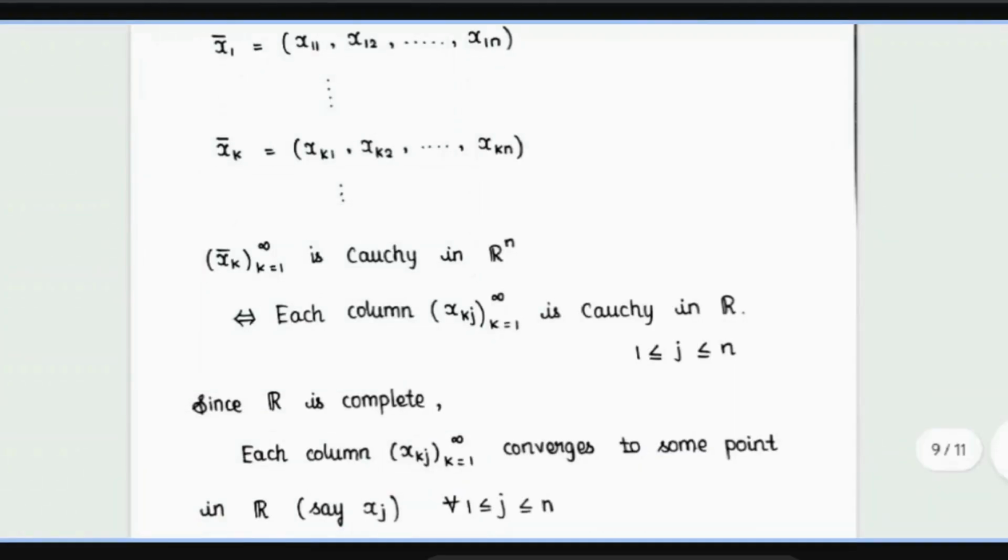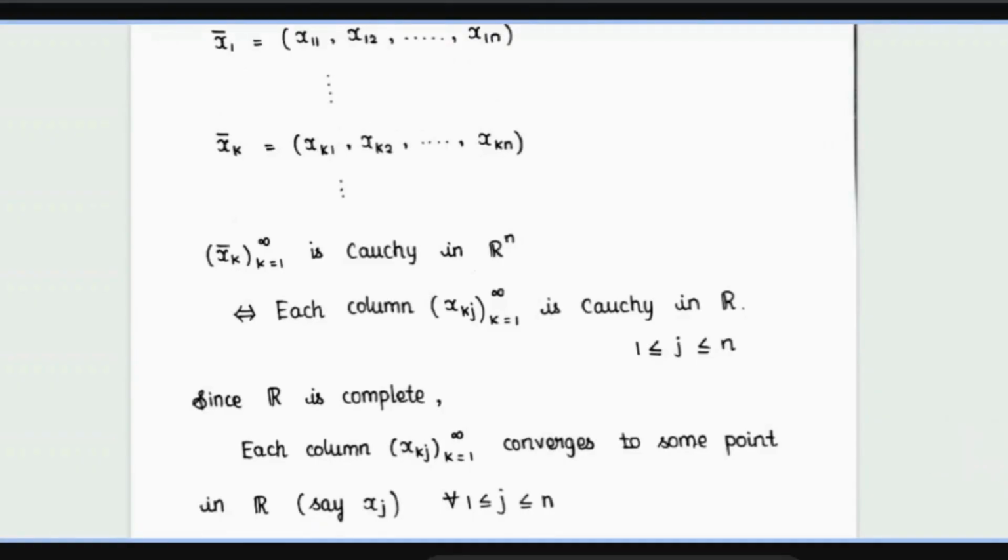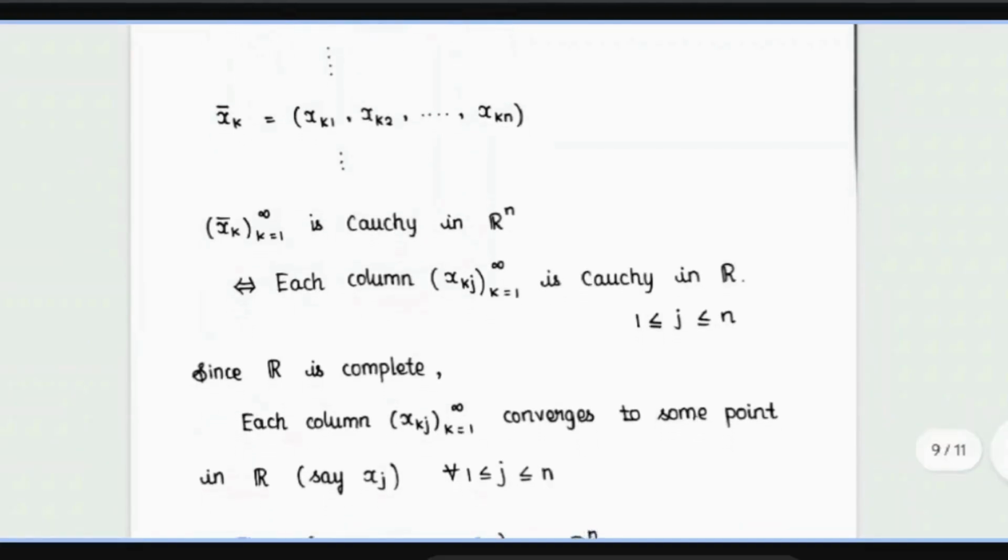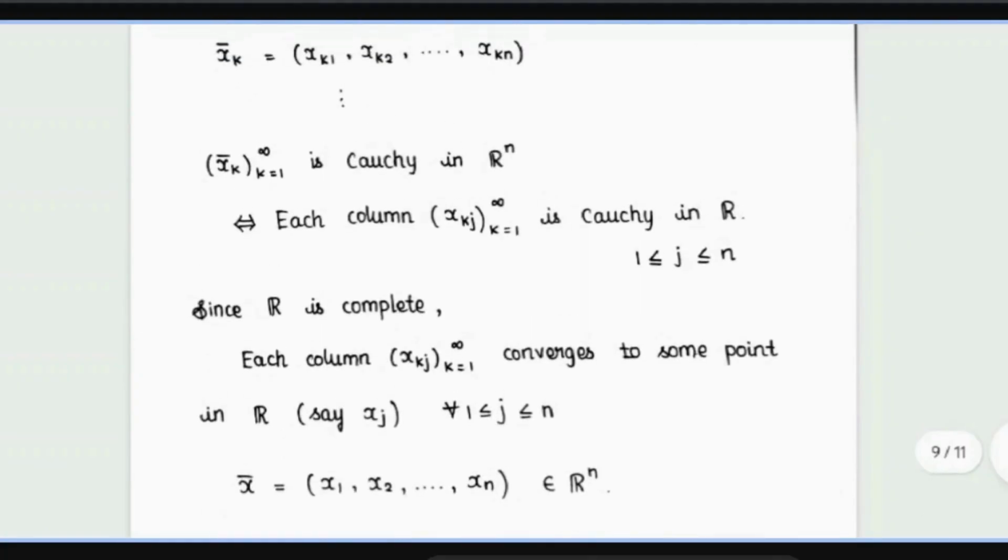Let's say the limit of each column sequence is x_j. So we have a vector x_1, x_2, etc., x_n in R^n, which are the limit points of these column sequences.